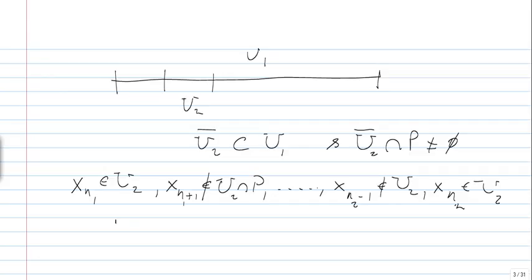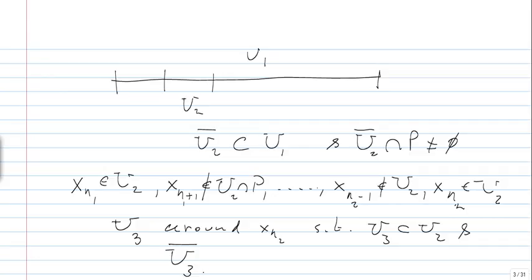Again, you will find an open interval around xn2 such that U3 is inside U2. In fact, even the closure of that interval, even the endpoints, will be inside U2.